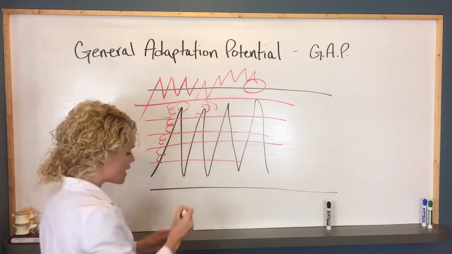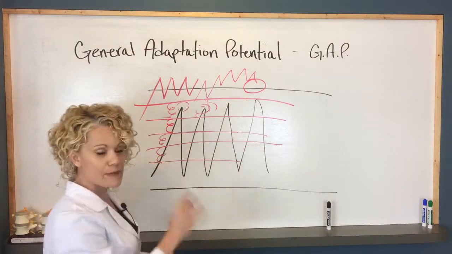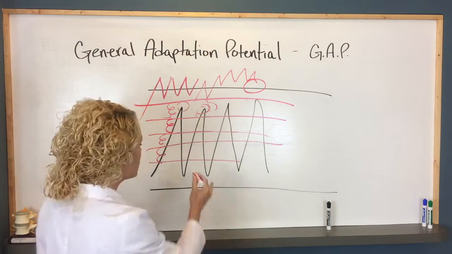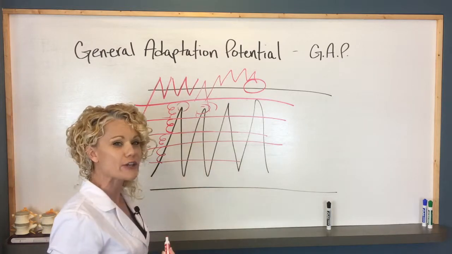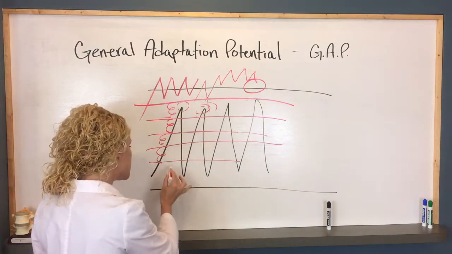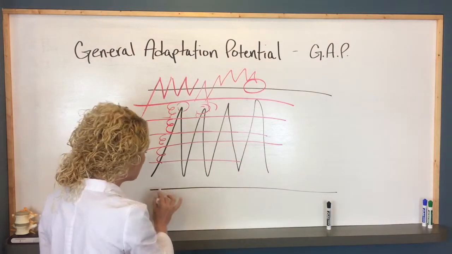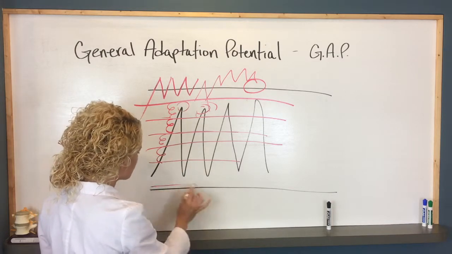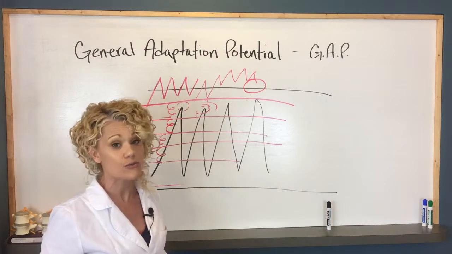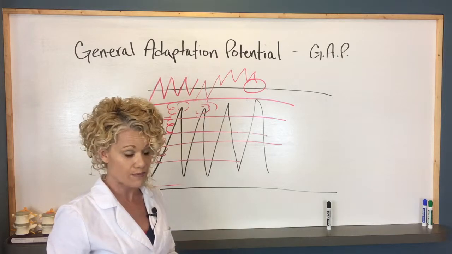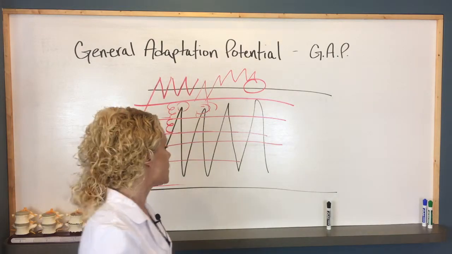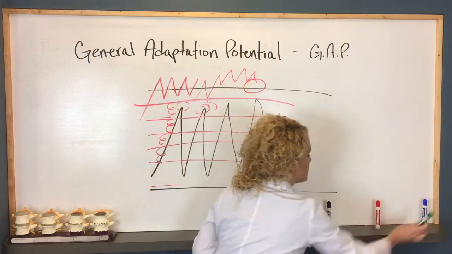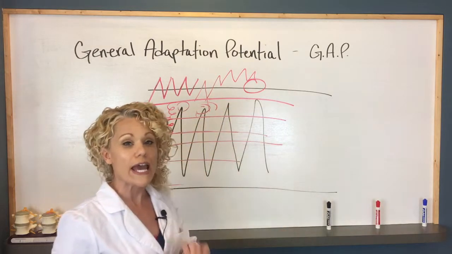We're in this spiraling general adaptation potential to where you just have no margin for error anymore. And it will continue to spiral and spiral until your adaptation potential is basically none and you get to the point of death.